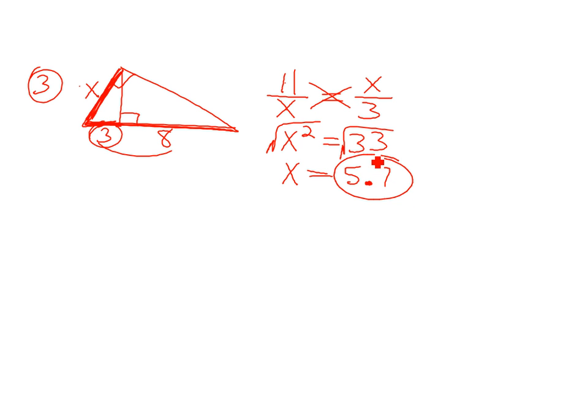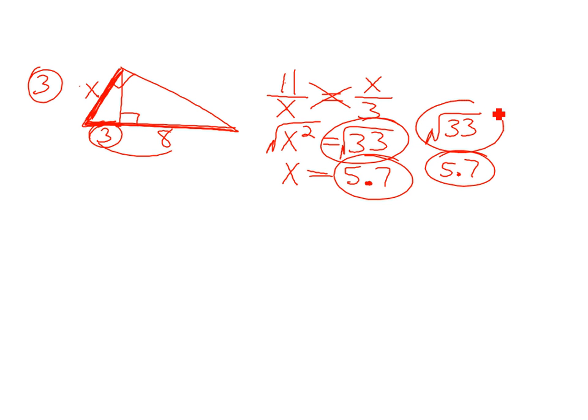I would have accepted either one of these answers. You could have put down just the square root of 33. That would have been fine. You could have put down 5.7. Either one of those answers would have been acceptable, since 33 is not a perfect square number.